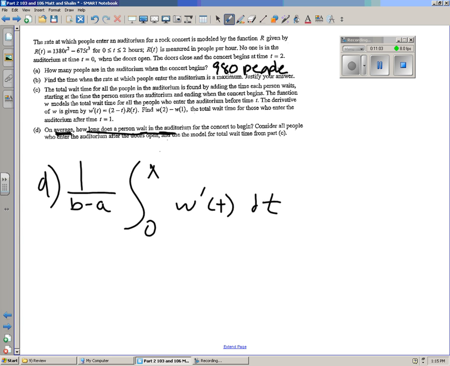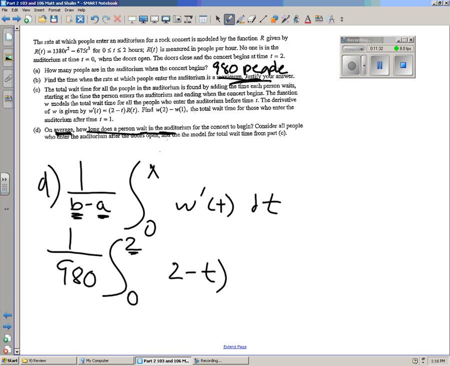So there are 980 people, and obviously there was 0 before the auditorium opened. So it would be 1 over 980, taking the definite integral from 0 to 2, because that's when the people filed in. That's when they had to wait before the show started, because the show started after 2, of 2 minus t r t dt, which is represented by that, because we found that over there.